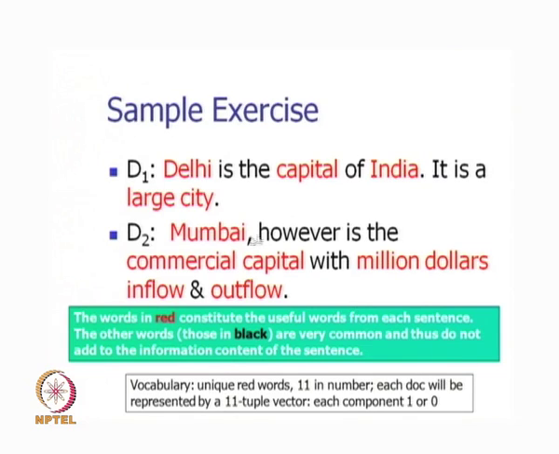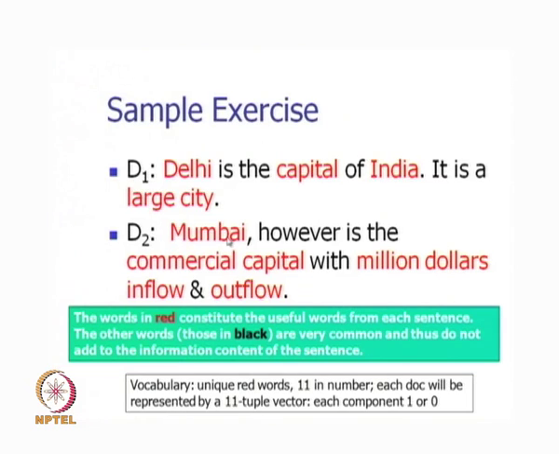So, if Delhi is the first word in the vocabulary, then the vector of D1 will have a 1 in position 1. Okay. Then, if capital is the second word in the vocabulary, D1 will have a 1 in the position of capital. Similarly, for India, large and city.